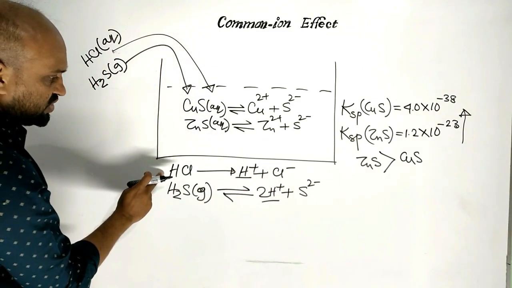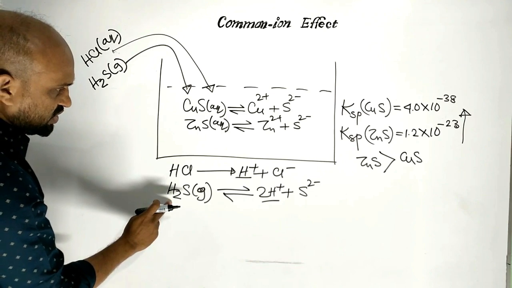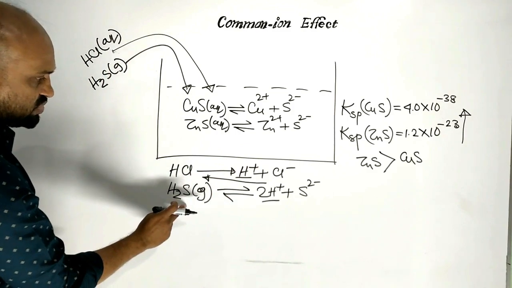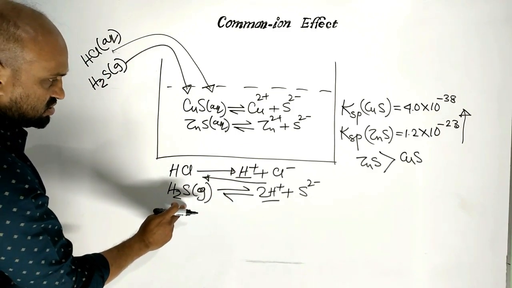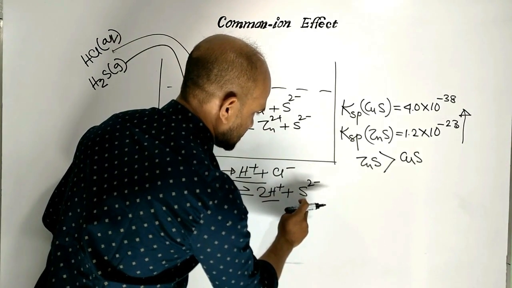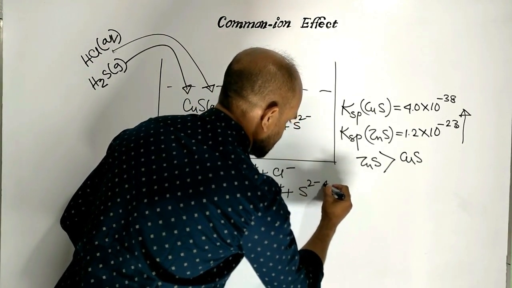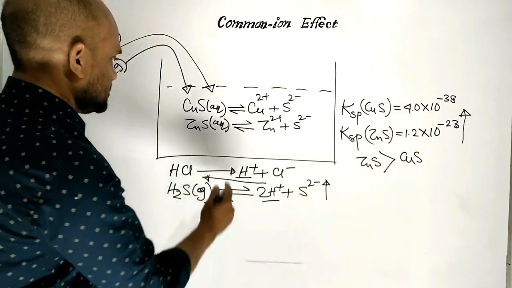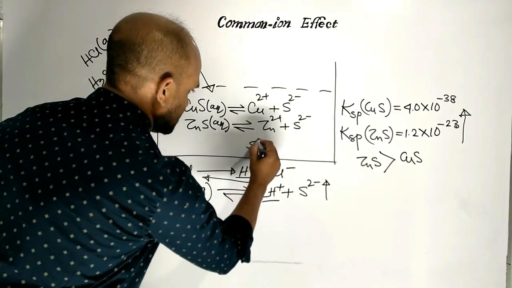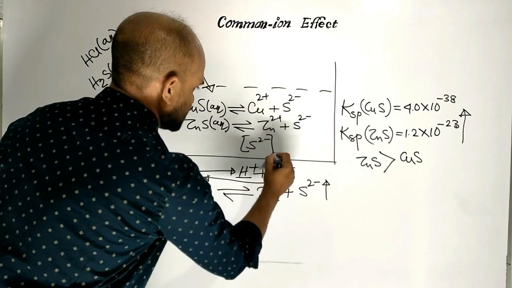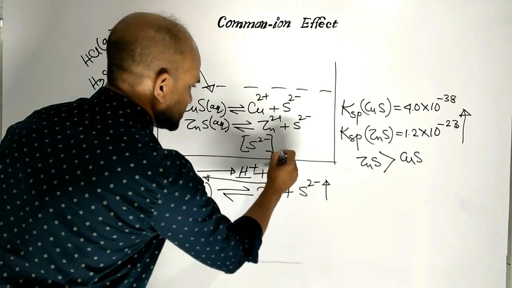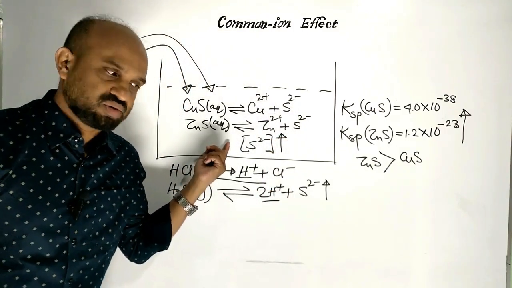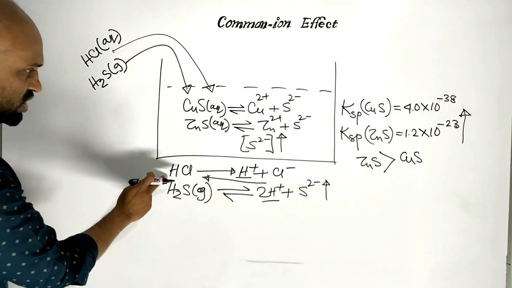Due to common ion effect, this reversible reaction proceeds in the backward direction. As a result, hydrogen sulfide produces a less amount of sulfide ion. That is, the concentration of sulfide ion increases in the solution but it is less in amount due to this common ion effect.